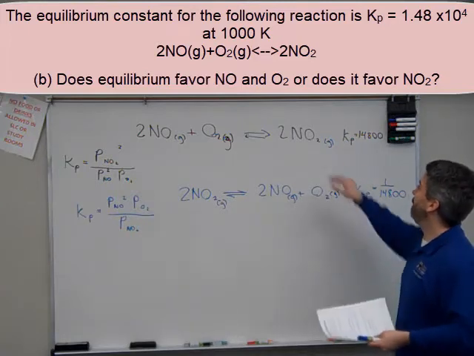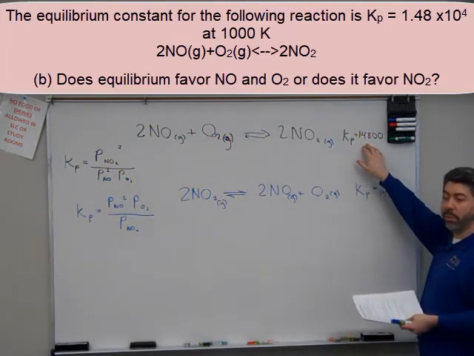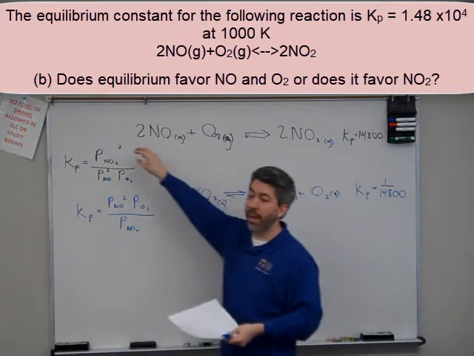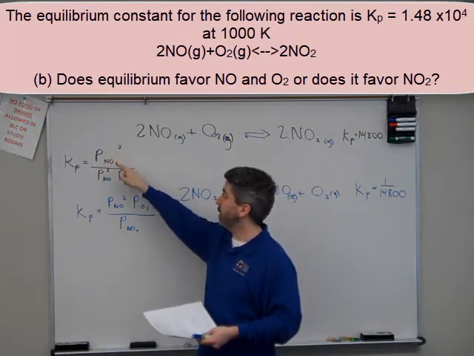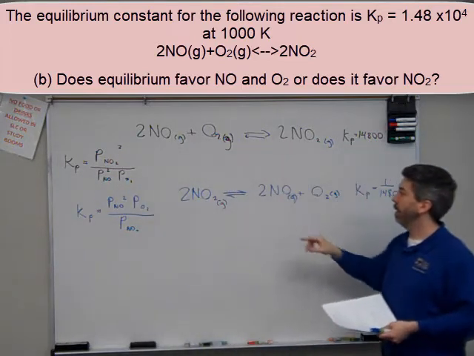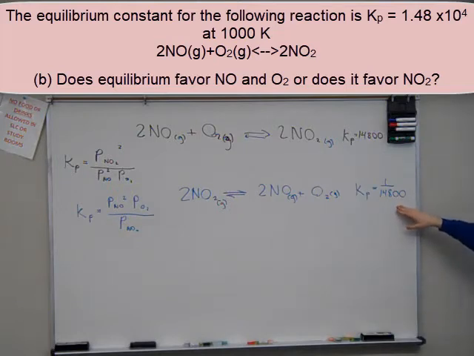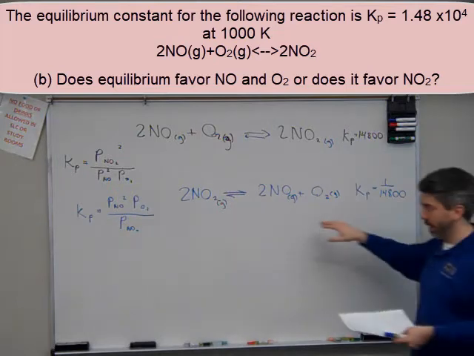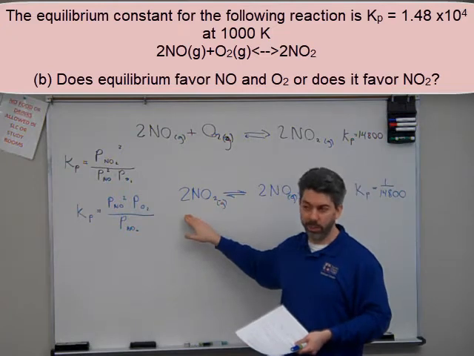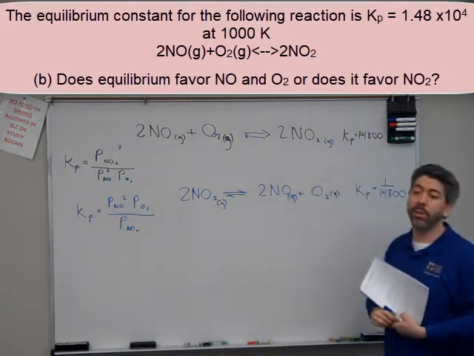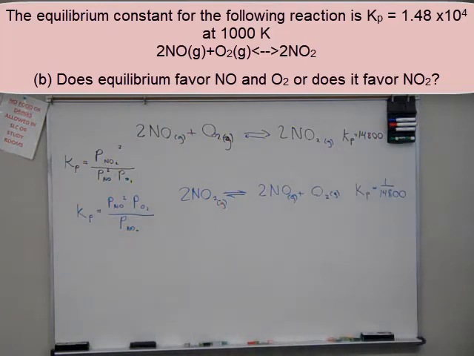This one is much bigger than 1, so the products are heavily favored, and the product in this case is NO2. This one is very, very small, which means the reactants are heavily favored, but the reactant in this reaction is NO2. In both cases, they're telling you the same thing, just from a different perspective. Does that make sense? Cool.